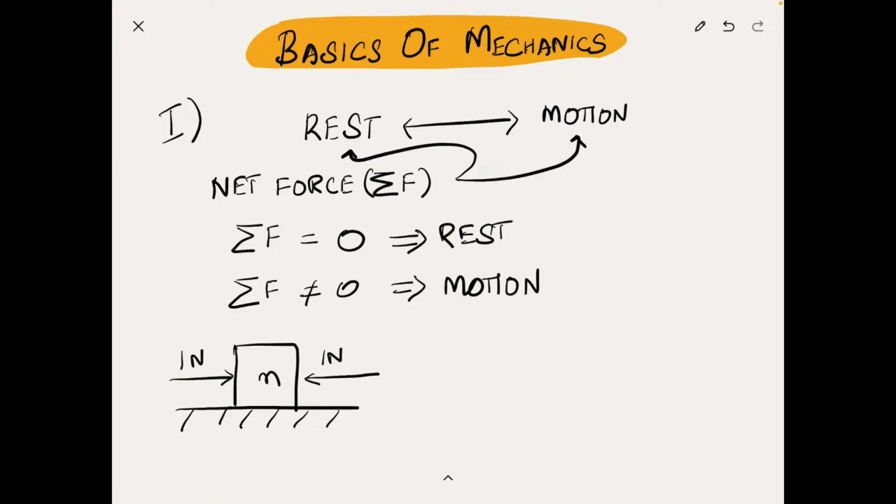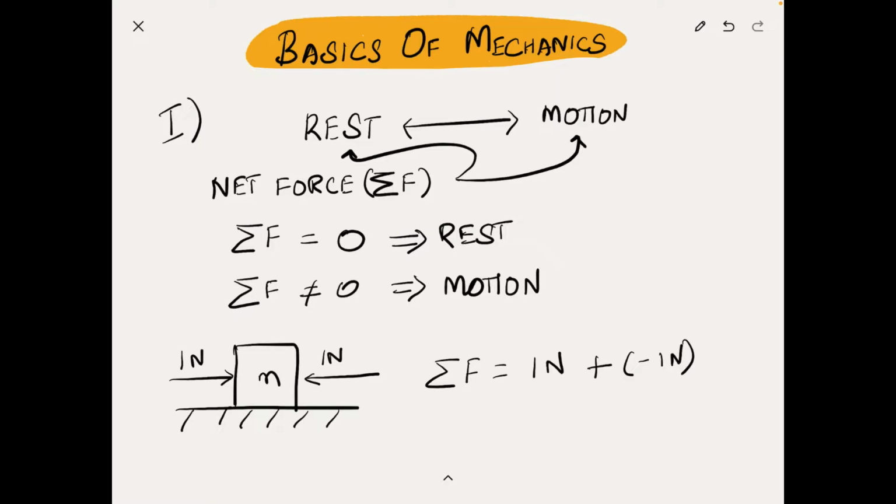Let us try to calculate the net force acting on this body. So net force, summation of F, is equal to 1 Newton, which is the force acting from left to right, plus the force acting from right to left, which I will represent as minus 1 Newton. Because force is a vector quantity, you have to consider the direction in which the force is acting.